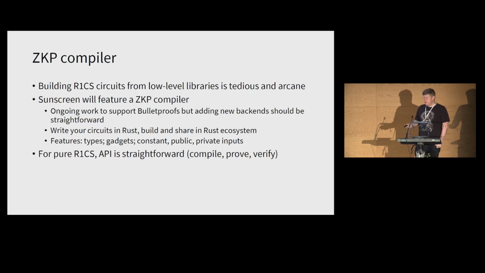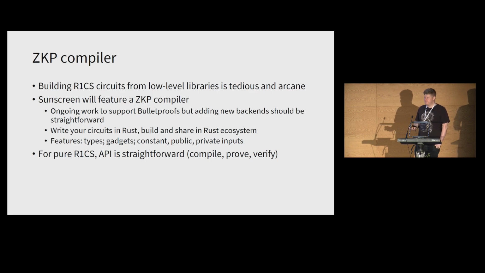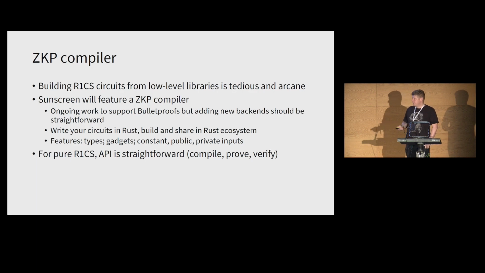So rather than just using bulletproofs R1CS directly, we built a compiler so that maybe we're not married to any particular proof system if we ever need to change this in the future. Our zero knowledge proof compiler is currently ongoing work, but we already support gadgets, types, and you can use public or private inputs.